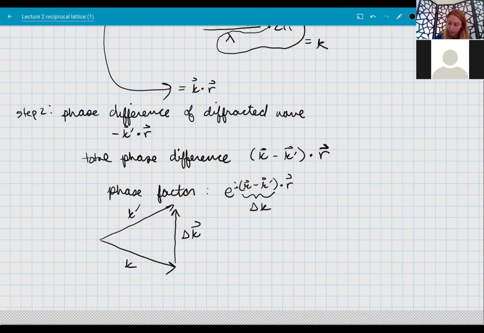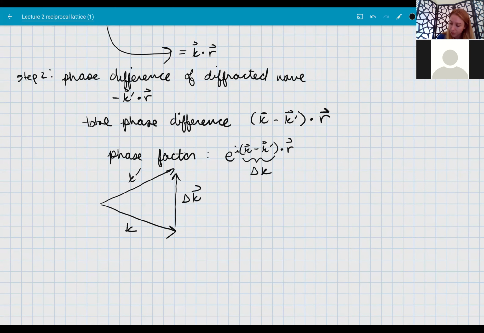So the total phase factor of this array of scatterers is equal to a sum over j of e to the i delta k dotted with r j, where j is all of the sets of points on the direct lattice.